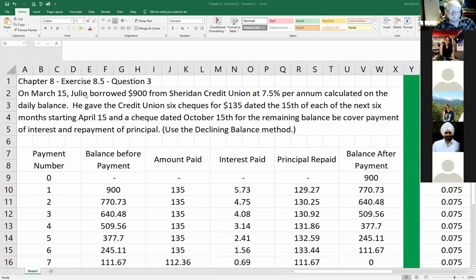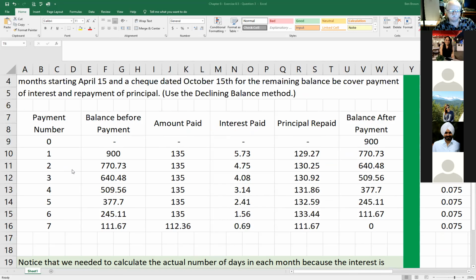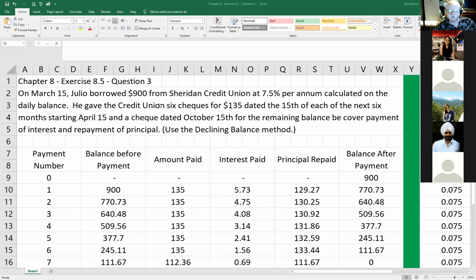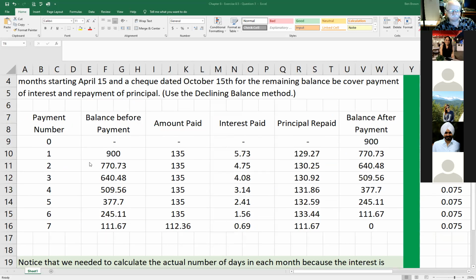So let's take a look at the spreadsheet then. This is the same question I just read out. And the format they've given you here is they want you to make a column for the payment number, which is straightforward enough, because we know they created 6 checks and then an extra one for the balance. So we're going to keep track of the balance before the payment, the amount they've paid.